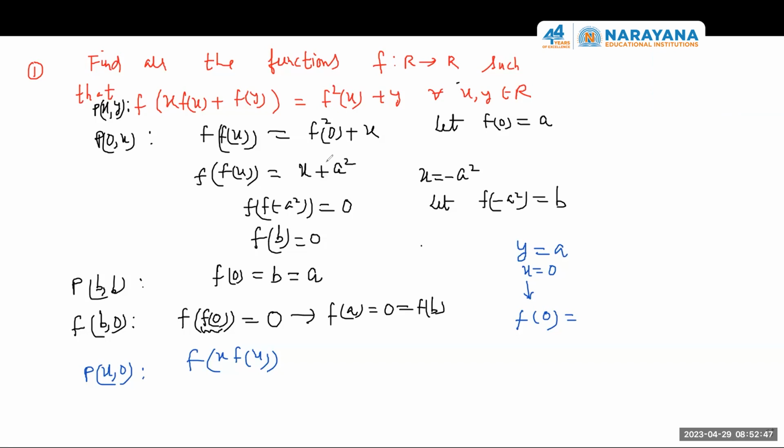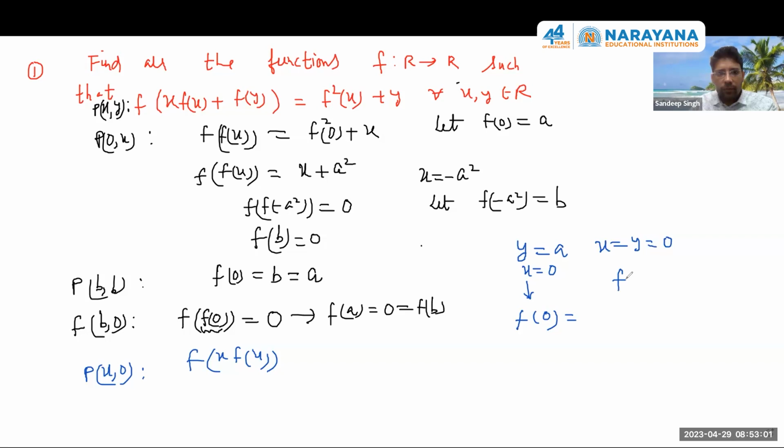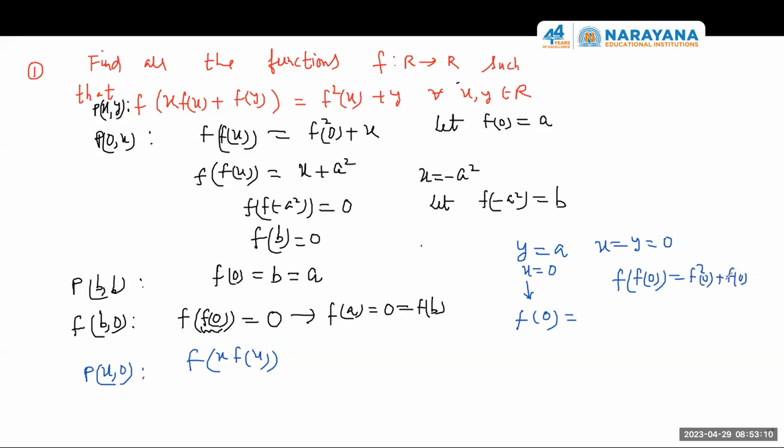f of 0 equals f of 0 square plus f of 0. Put x and y both as 0. If x and y both are 0, you will get f of 0 as f square 0 plus f of 0. Sir, x 0, y a. That will do. 0 comma minus a square we can put.